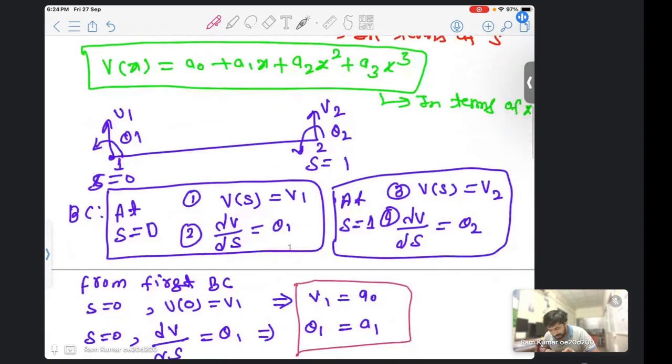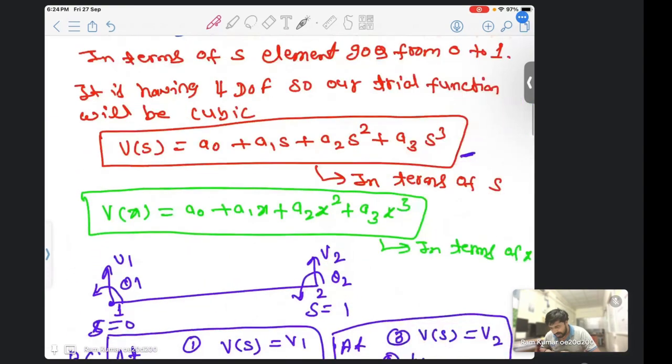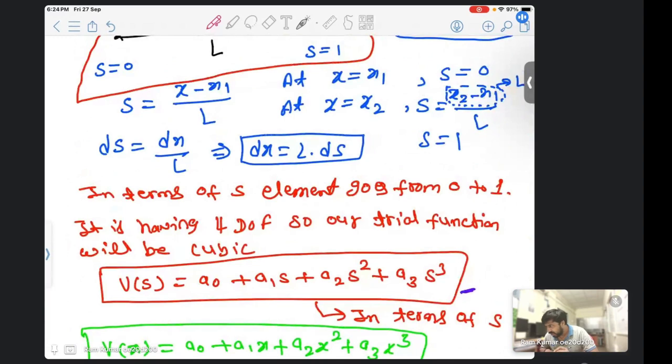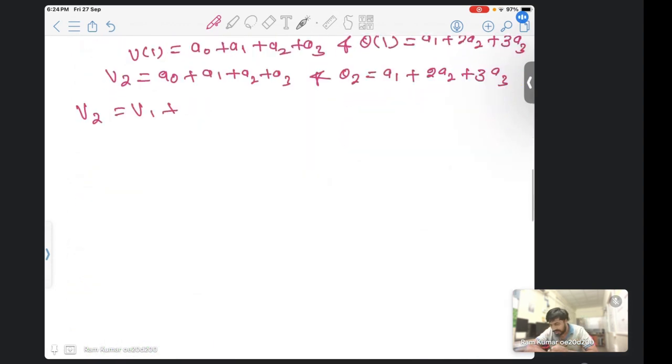L should be multiplied somewhere, not theta 1. So wait, dx equal to L into ds. But we want to find dv. Wait, I will start again here. One minute.